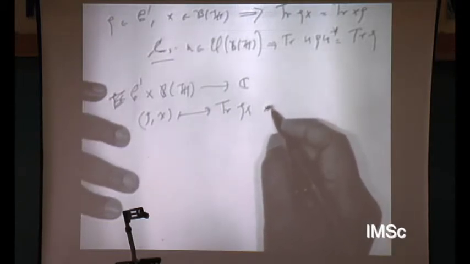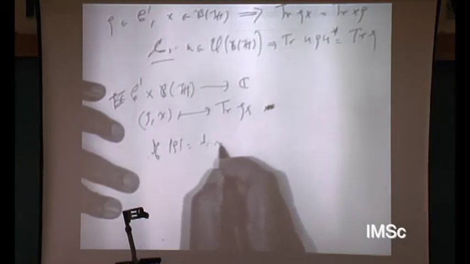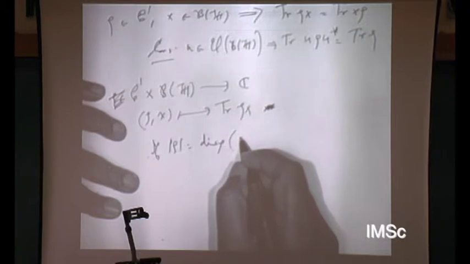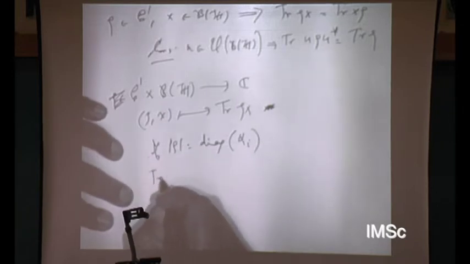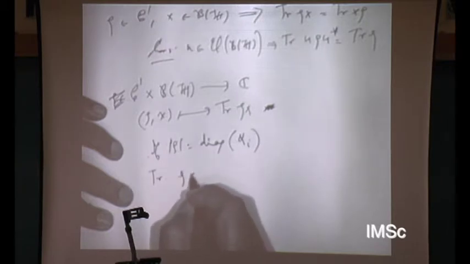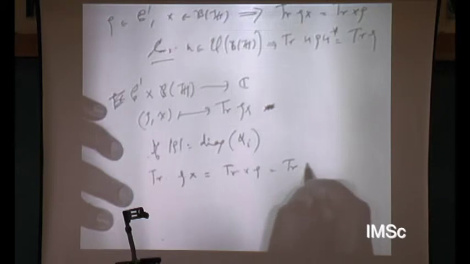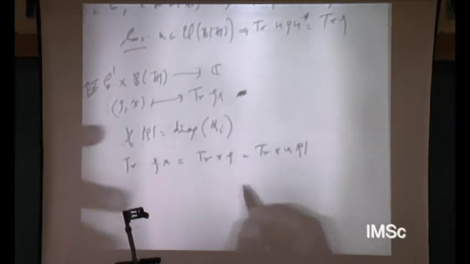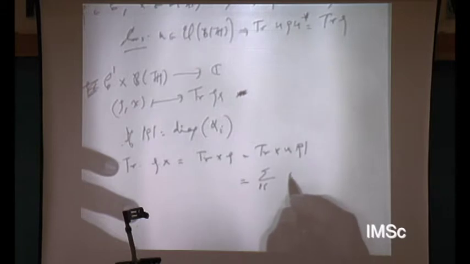So if mod rho is diagonal with entries alpha i, then trace of rho x is the same as trace of x rho, which is trace of x u mod rho, which I can write as the sum of the ii entries of xu times mod rho.